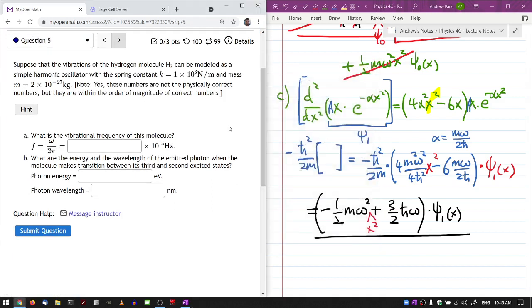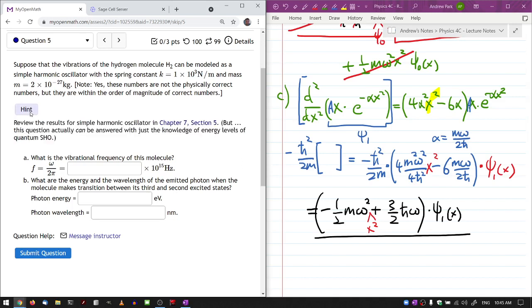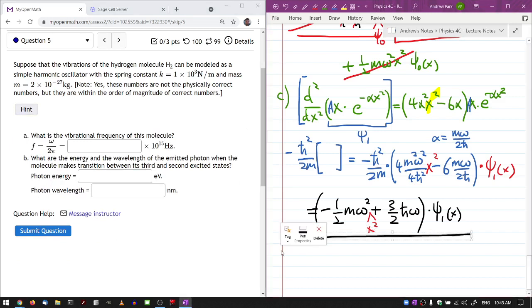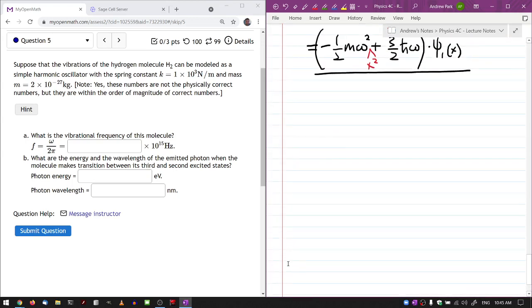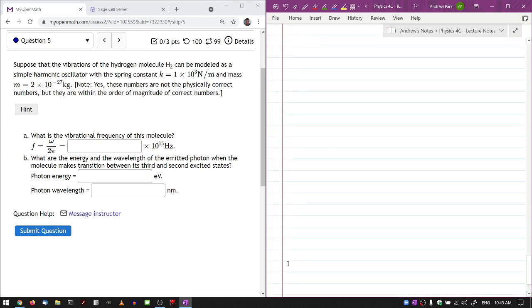Okay. Suppose that the vibration of a hydrogen molecule can be modeled as a simple harmonic oscillator. So this question can be done rather easily if you remember some things about quantum simple harmonic oscillators that you learned in physics 4A, which is this result here, which actually does come into the discussion of the quantum harmonic oscillator as well.